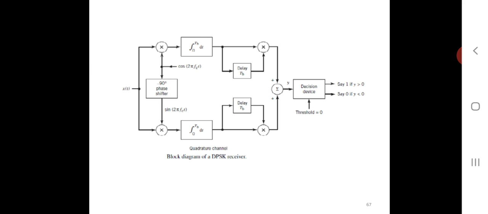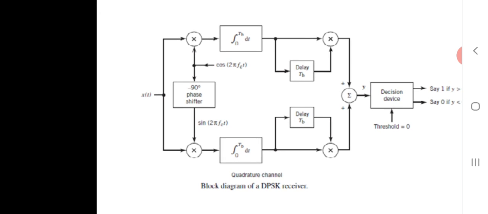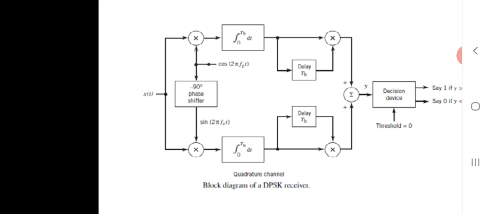And here we are using two integrators and a 90 degree phase shift between the carrier signals, that is cos of 2 pi fc t and sin of 2 pi fc t, and we have also introduced a delay of 1 bit at the second stage.